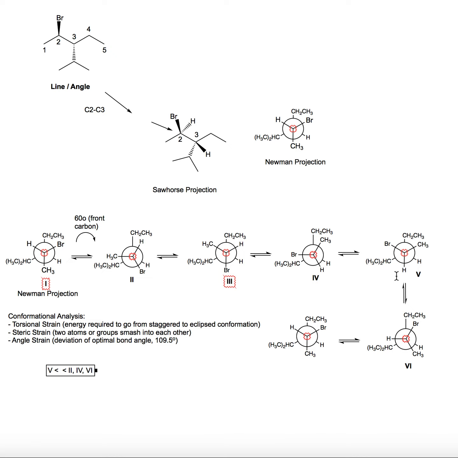Once again, why? Because the largest group here, and when talking about the largest, it is the volume, right? Isopropyl is bulkier as compared to ethyl. Ethyl is linear, right? So that's what I'm focusing on, isopropyl.